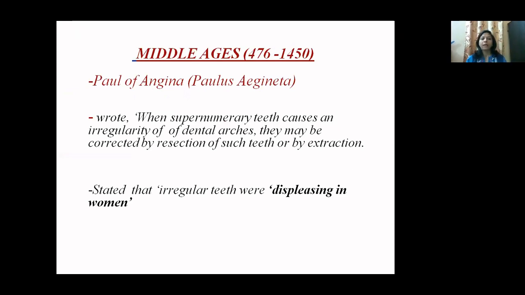Then Paul of Aegina stated that when supernumerary teeth cause an irregularity of the dental arches, they may be corrected by resection of such teeth or by extraction. He stated that irregular teeth were displeasing in women.